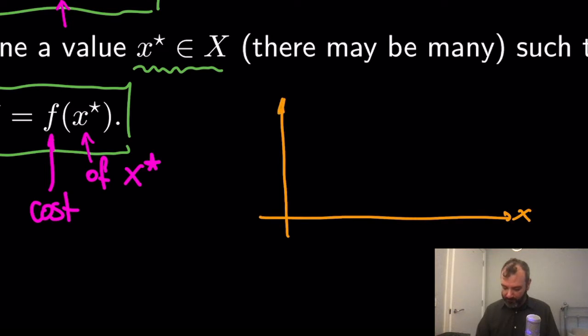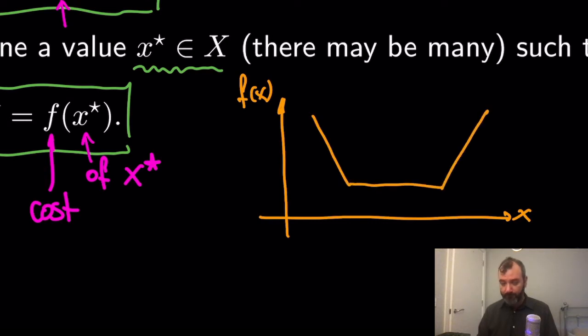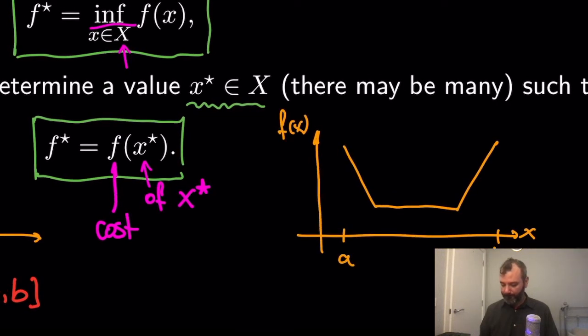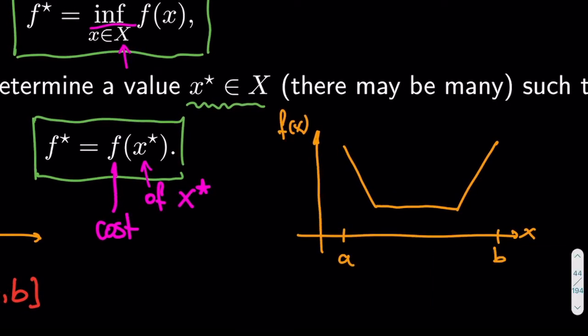I'll give you one more example actually. This is x, this is f of x. And say now that your function looks like this. So x is from a to b, x is a number again. This is my f of big X. These are all the possible values my cost function can take.